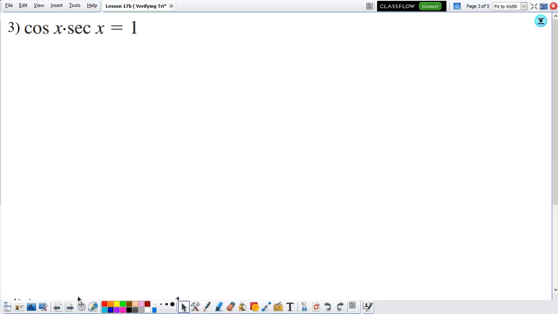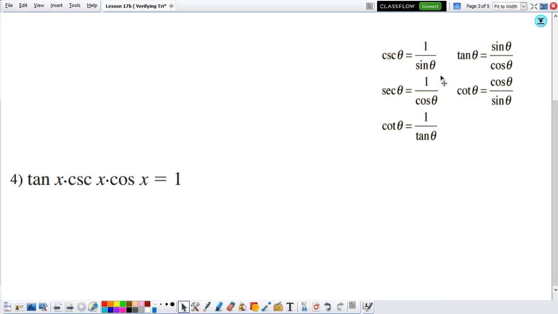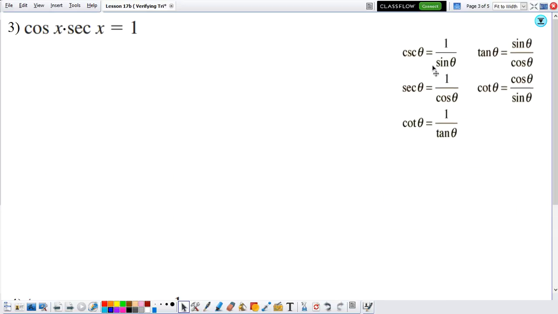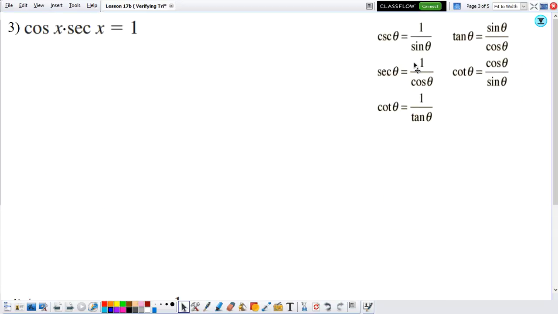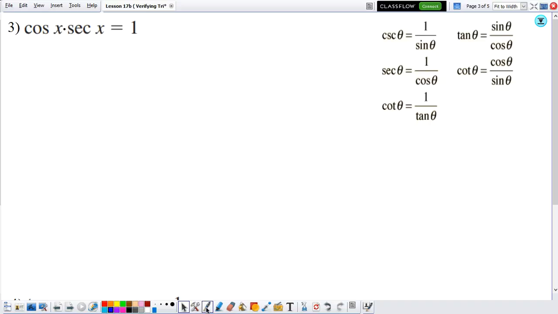Let's show one more example here. We're just going to apply the same idea. Is there a way for me to rewrite the left side in terms of sine and cosine? Notice that the first term, cosine, is already in terms of sine and cosine, so I'm just going to rewrite it: cosine of x times secant.